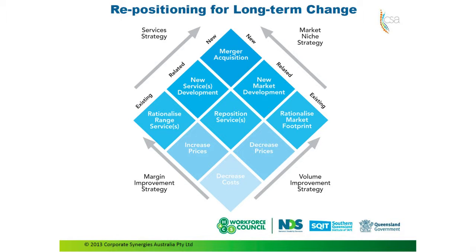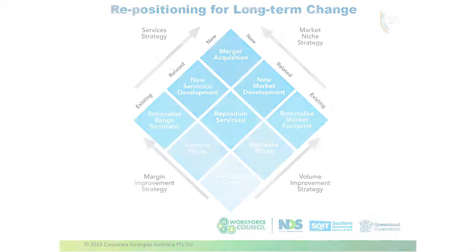Our other option, and one that is becoming increasingly popular for smaller organisations, is to stick to a market niche strategy. And if you like, this is like being the specialist butcher in a Woolworths supermarket store. What it does is it allows people to have a broad choice through other services, but delivers the quality product to those that matter most directly to their service clients.